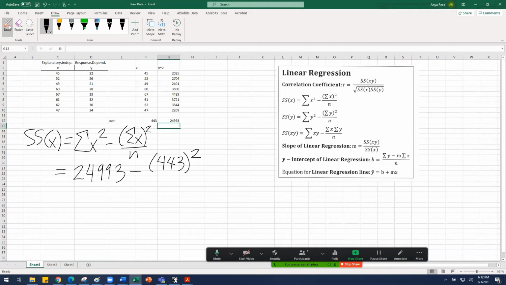We're going to square that and divide by n. N represents how many numbers in the data set. So let's count: 1, 2, 3, 4, 5, 6, 7, 8. We had a total of 8 numbers. Put this in your calculator.